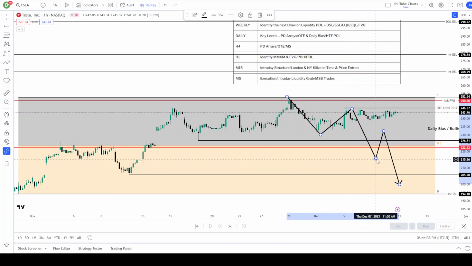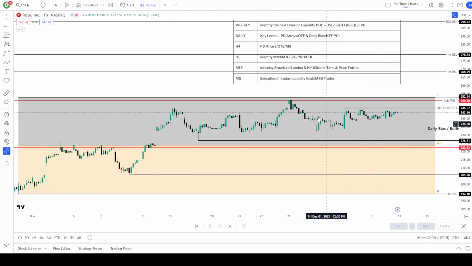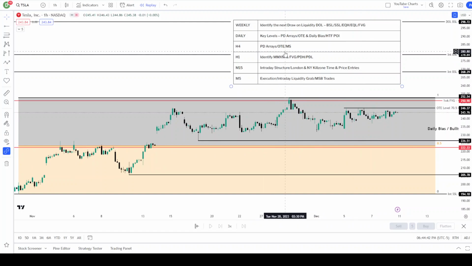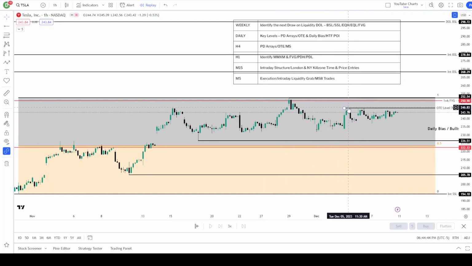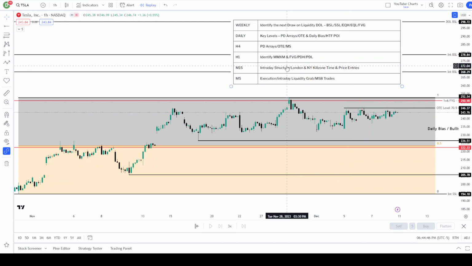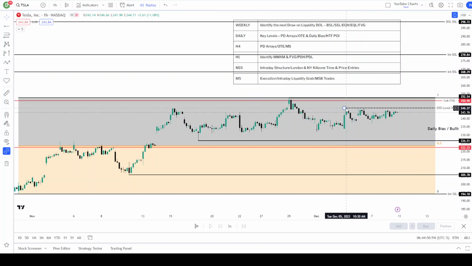So we'll see if we see that. Right now we haven't, but it's just something we're watching out for. So we have our premium discount arrays, we have our optimal trade entry potentially right here, and we have identified the possibility of a shift to a market maker sell model. We haven't seen that yet.